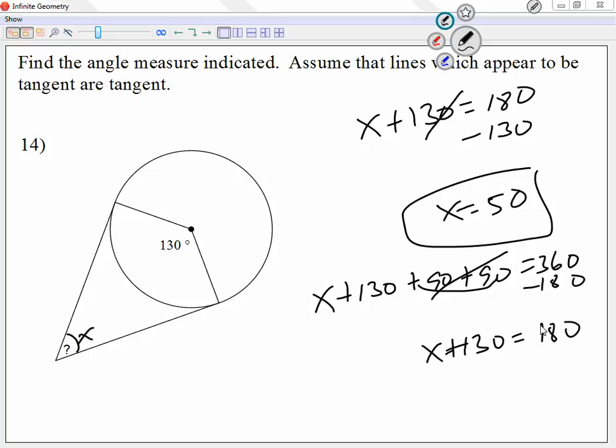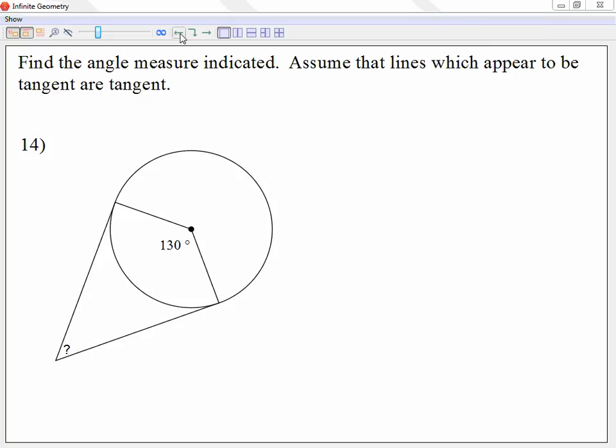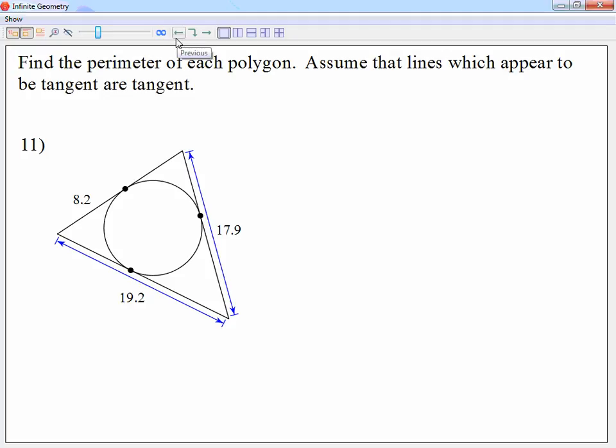11? All right. Looking at number 11. And please do ask a lot of questions if you guys do need help. Looking at number 11, I'm going to say this side is 8.2, so this other side right here is 8.2. The whole thing is 19.2.